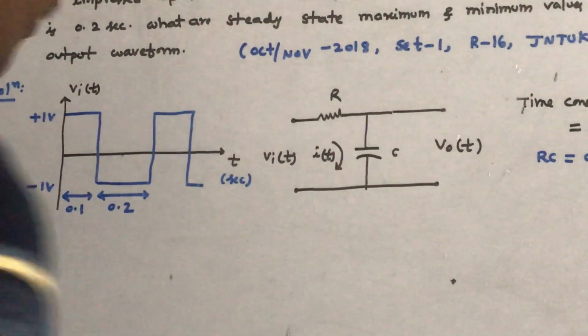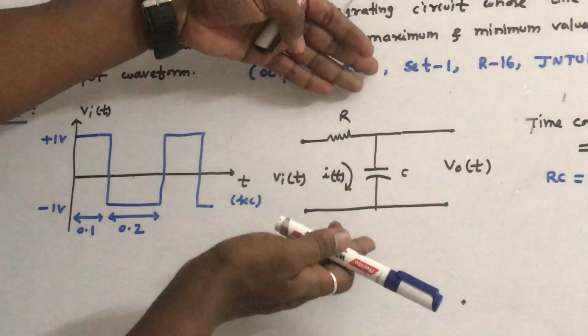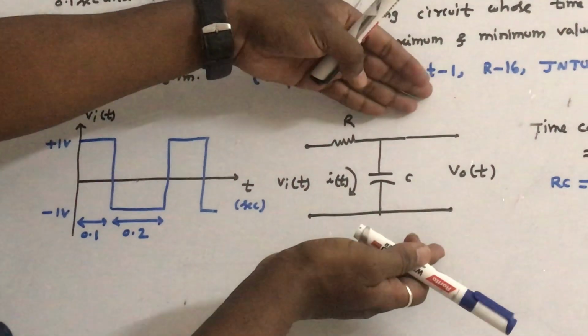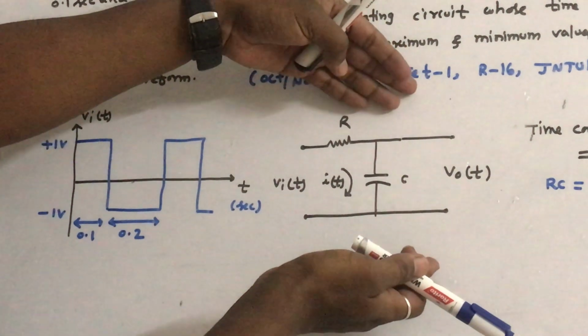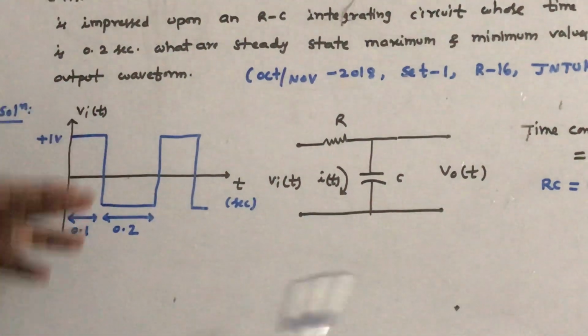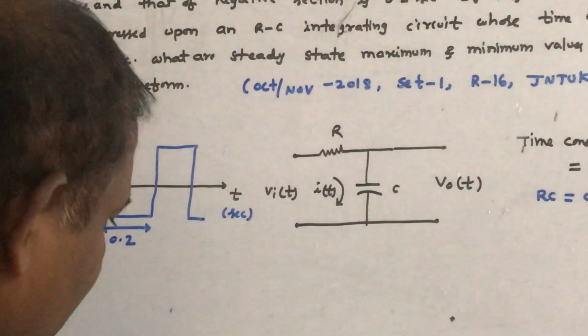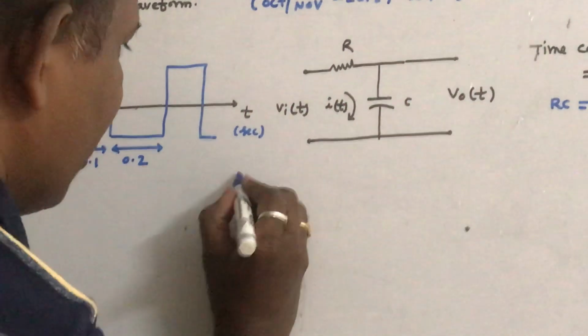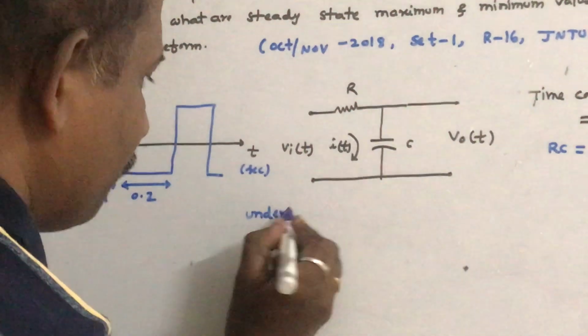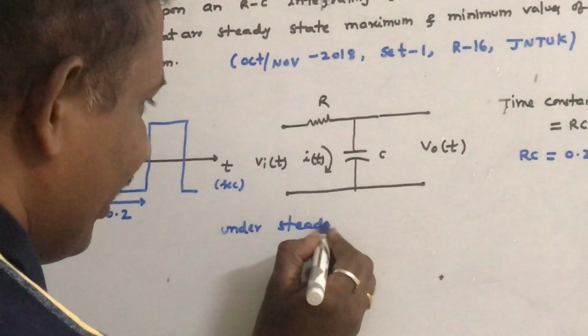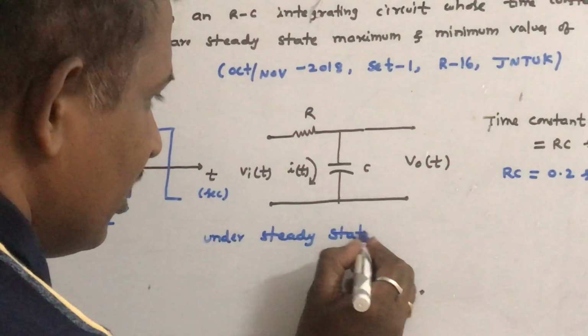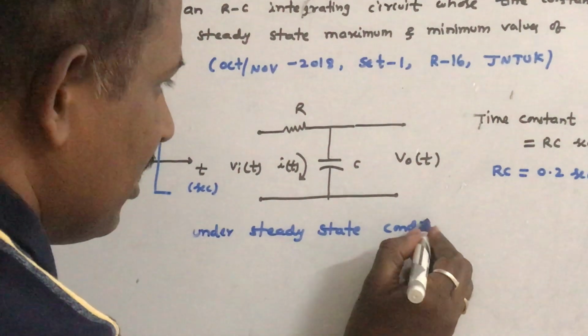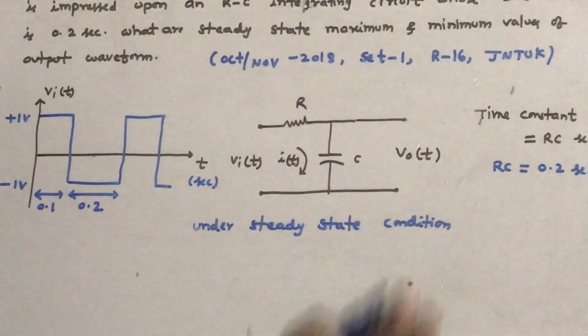As you know, when such an input waveform is given to this circuit, as I explained in my previous lectures, I am directly drawing the response in the steady state condition. Steady state condition means that the output settles down to one waveform.